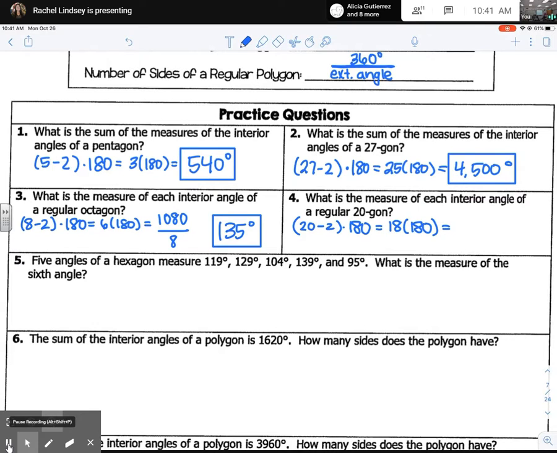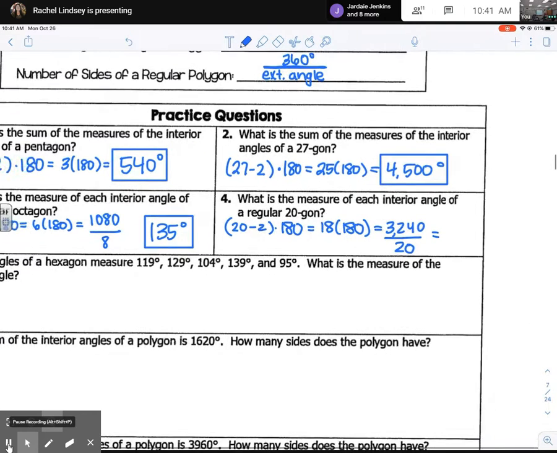What's 18 times 180? 3,240, and then we'll divide that by 20. So 162 degrees.